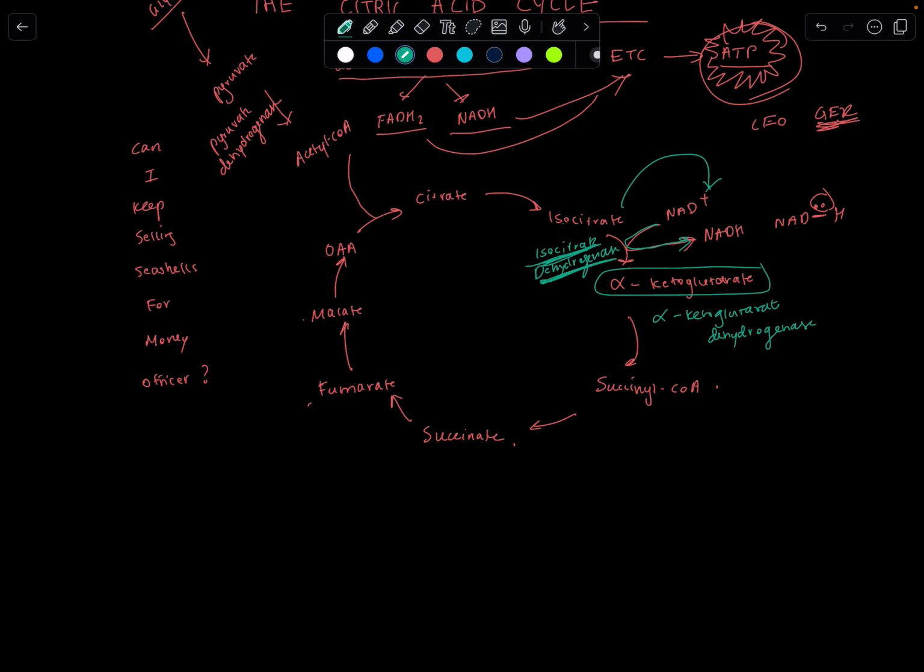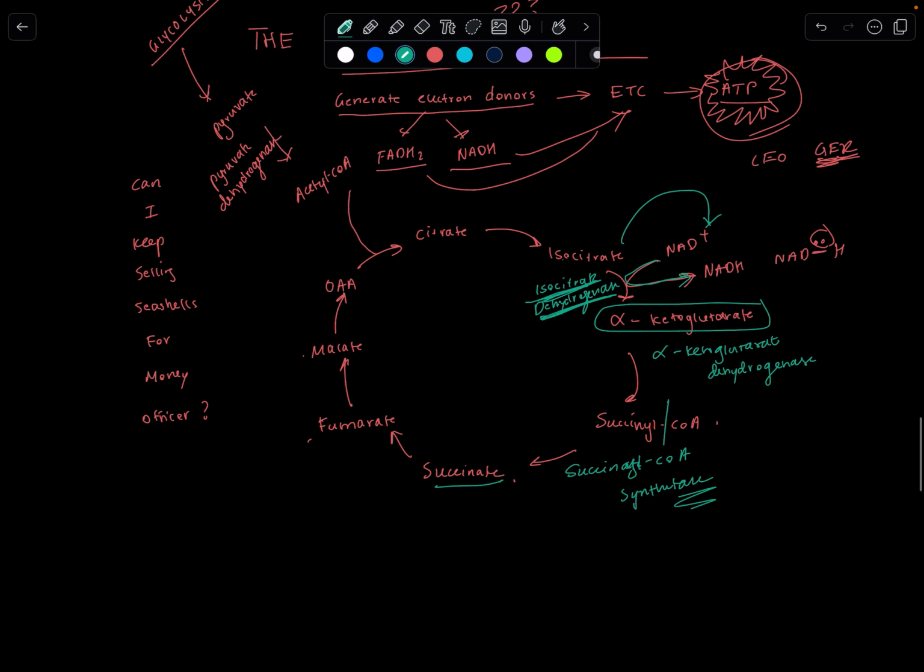That's the enzyme which will convert it into succinyl-CoA. Succinyl-CoA to succinate, since we're making succinate, it's going to be succinyl-CoA synthetase. So we're kind of cleaving off this CoA and we're left with succinate.